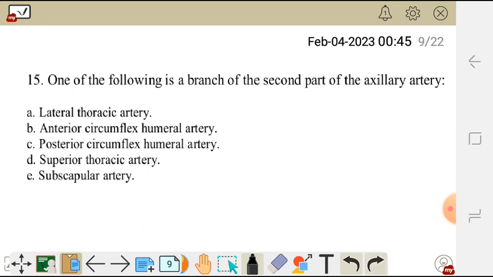So which one among these is a branch of the second part of the axillary artery? The correct answer is A.